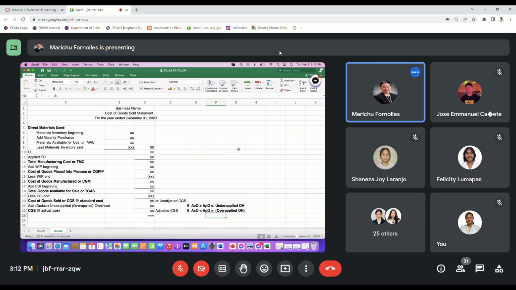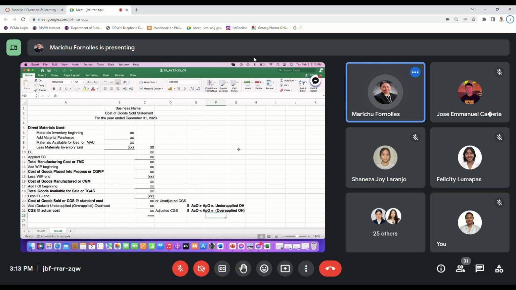So this is a pro forma statement. It shows the details of how the cost of goods sold is computed. Now, in your basic accounting subject, you have learned how to compute your cost of sales. So, in a manufacturing firm, instead of calling it cost of sales, we call it cost of goods sold instead.